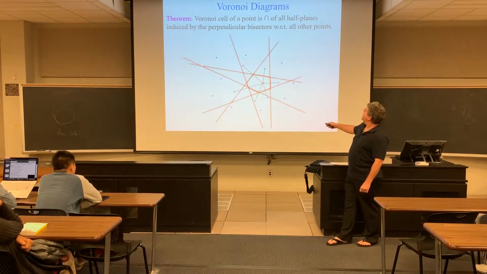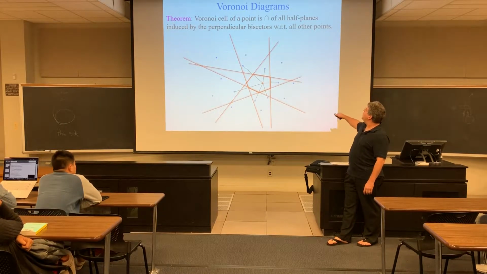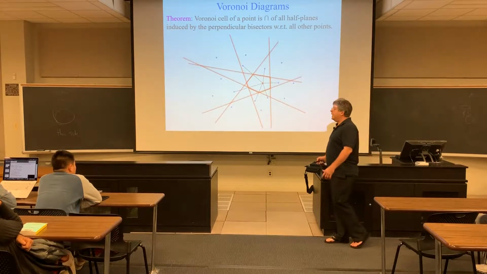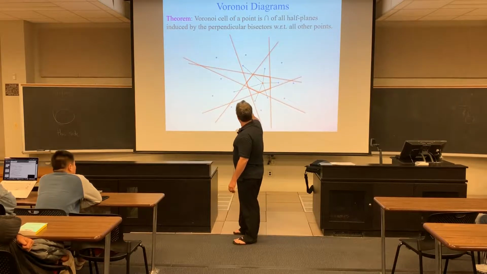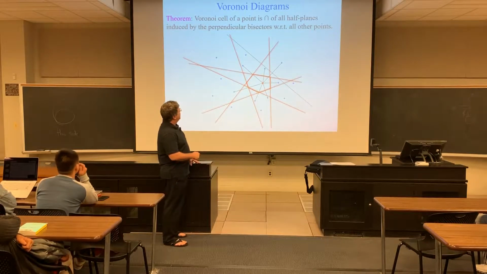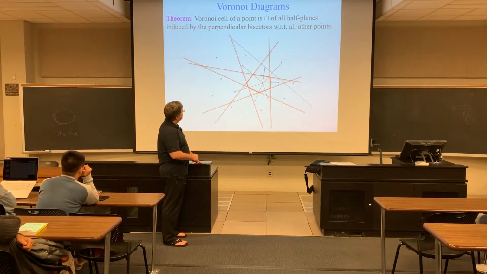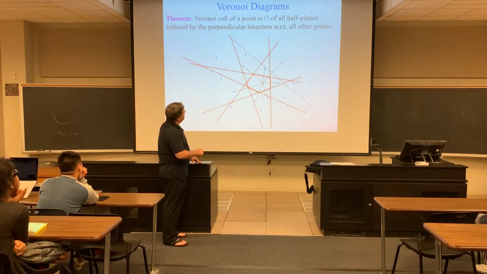Now, why didn't I do the same perpendicular bisector business with the other points? Well, I did. You do all of them, but I just showed you the relevant ones. Once you do perpendicular bisectors with some of these other ones, like for example this one, the Voronoi cell is on the lower portion of this half plane, but it's already determined by all the other half planes.